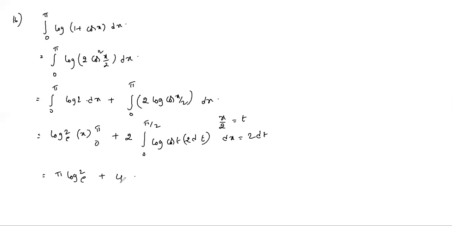Now problem number 10 we already discussed. So this is minus pi by 2 log 2 base e. So this is pi log 2 base e minus 2 pi log 2 base e. So one term will cancel. So minus pi log 2 base e is the answer.